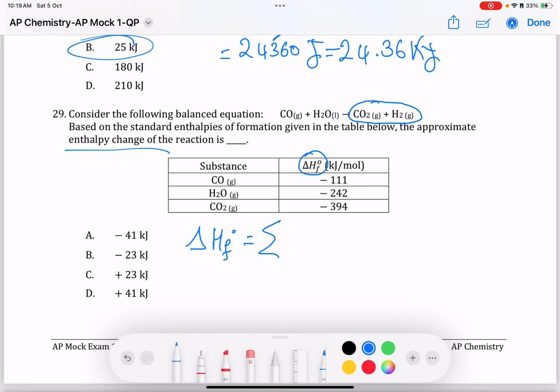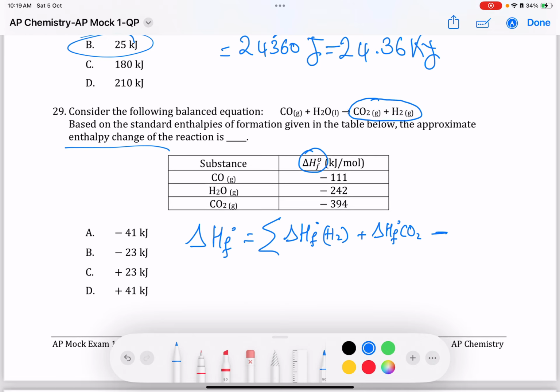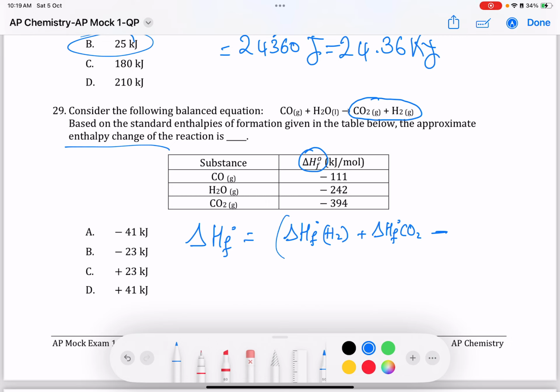Meaning, the enthalpy of formation of hydrogen plus the enthalpy of formation of CO2, minus the enthalpy of formation of H2O plus the enthalpy of formation of CO. So it's always products minus reactants. Now, in this table, we don't find H2 simply because the enthalpy of formation of H2 is 0.